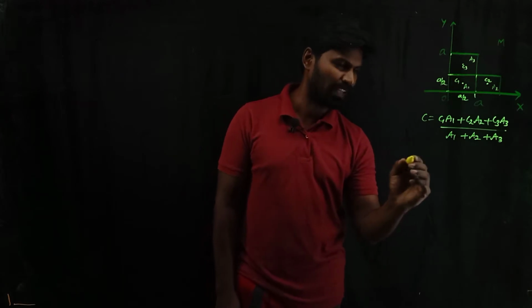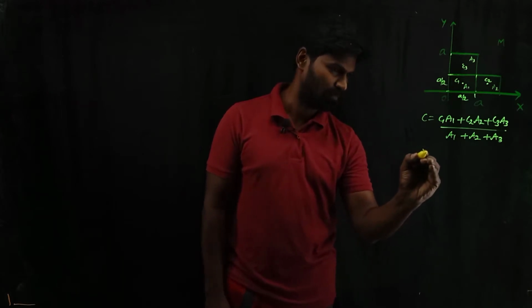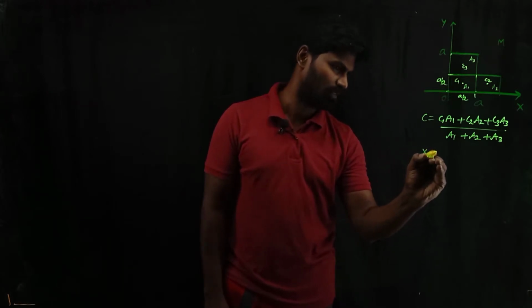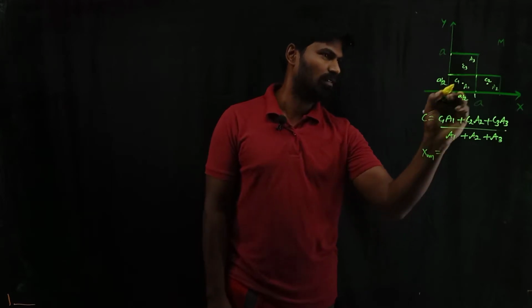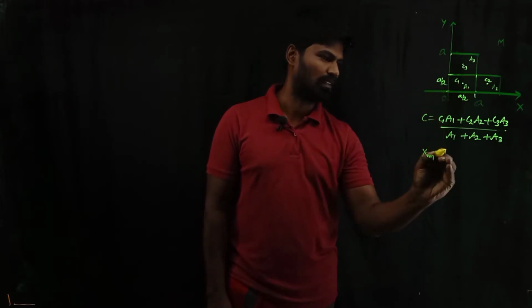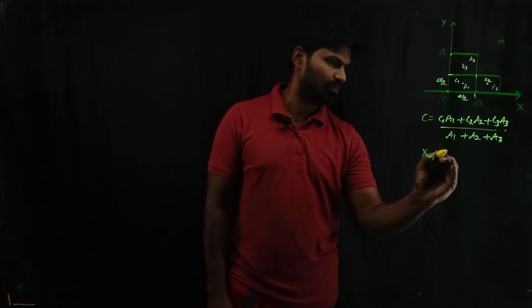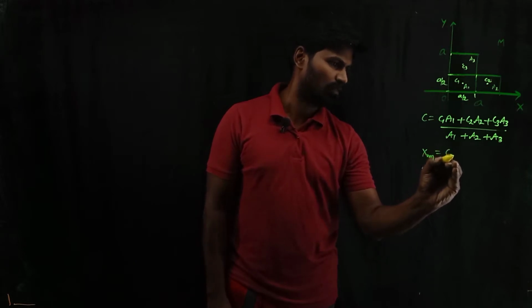So if you want the x coordinate of the center of mass, X center of mass is equal to, what is the x coordinate of C1? That I am calling Cx1.